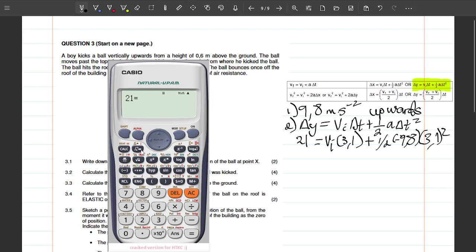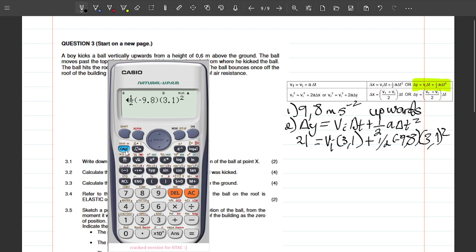So 21, and then I don't have vi, so I'll make use of x. This is multiplied by 3.1, which was my time, plus a half. This is multiplied by my acceleration of negative 9.8, multiplied by 3.1, which is my time, squared.